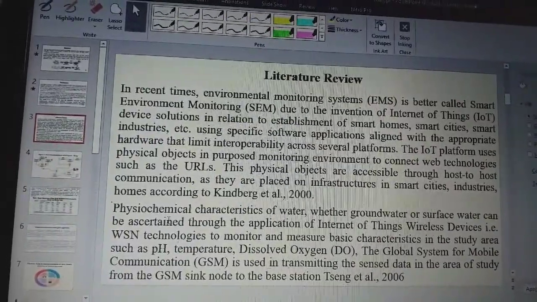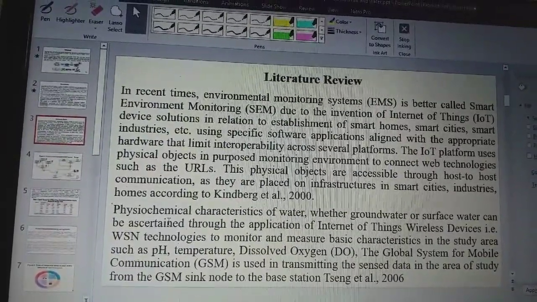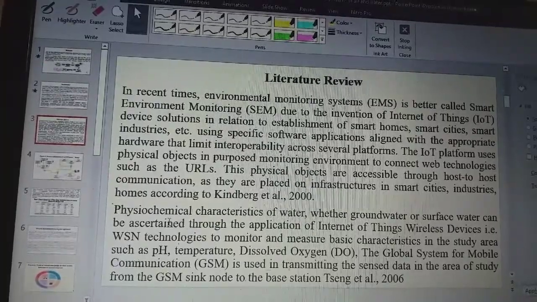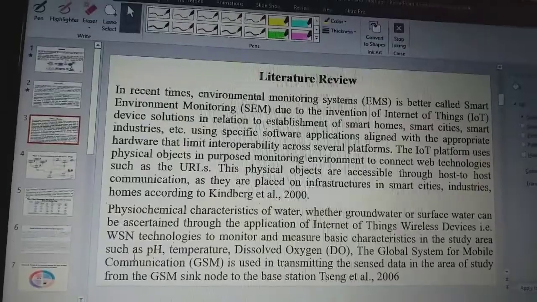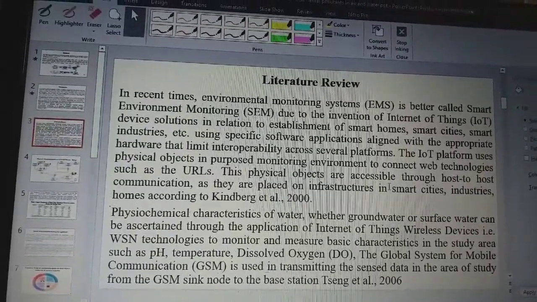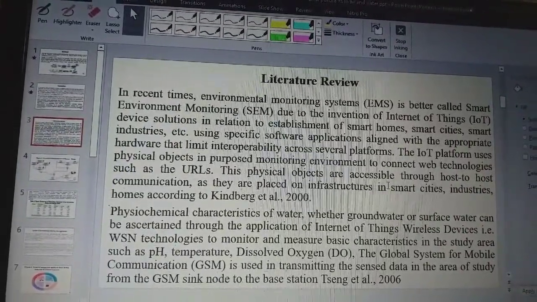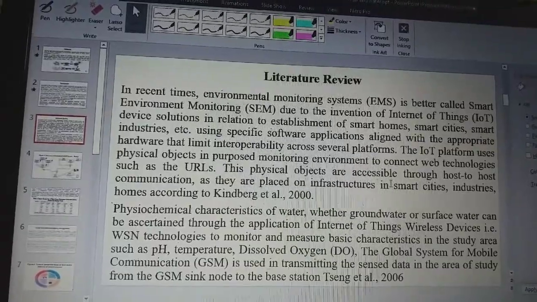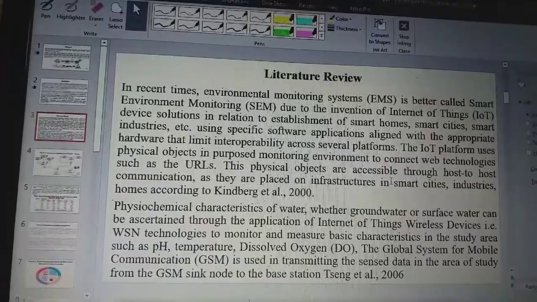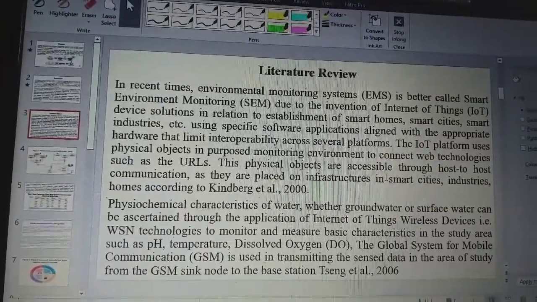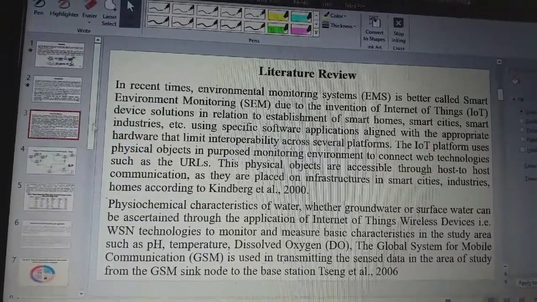For example, if you are using this IoT for physicochemical characteristics of water, that's DO, pH, temperature detection, the global system for mobile communication is used to transmit whatever measurement of data connected with the Arduino UNO in order to detect some of these materials.